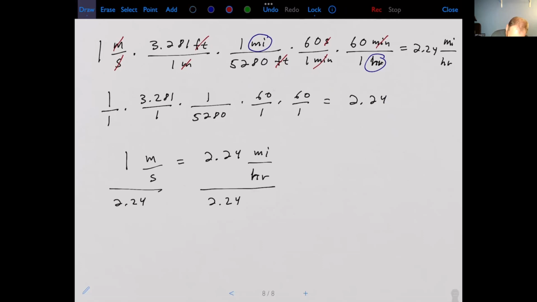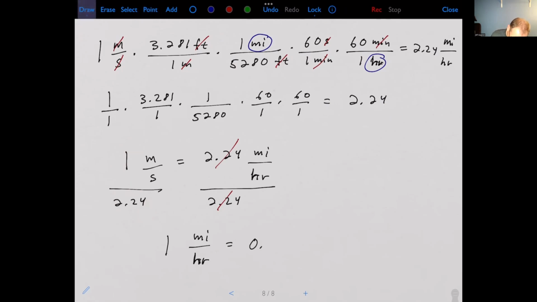So now on the right hand side, right, 2.24 over 2.24, that's going to be 1. I still have the correct units there. So now I'm saying this is like 1 mile per hour is equal to, and on the left hand side, if I divide 1 divided by 2.24, I'm going to get like 0.447.